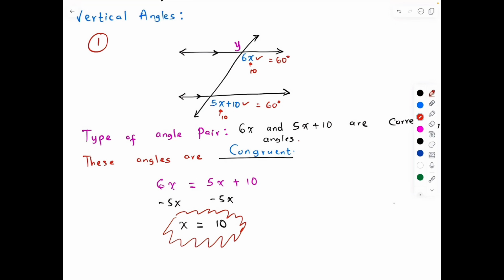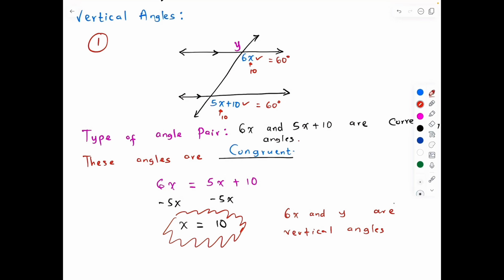And then we also need to find y. So what can we see about y? Basically, we just learned about the vertical angles, which means 6x and y are vertical angles. And what do we say about vertical angles?